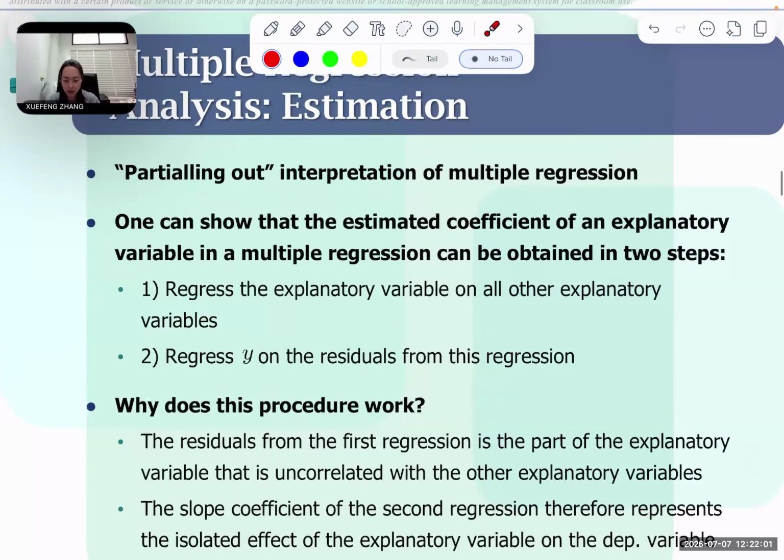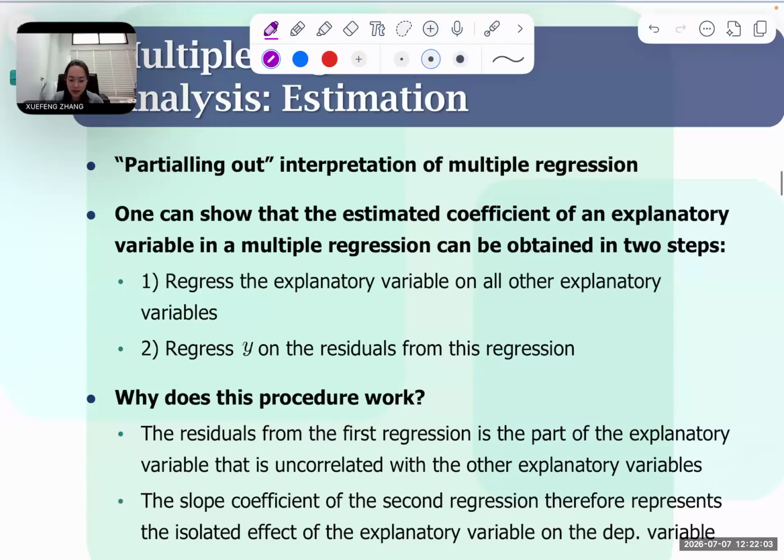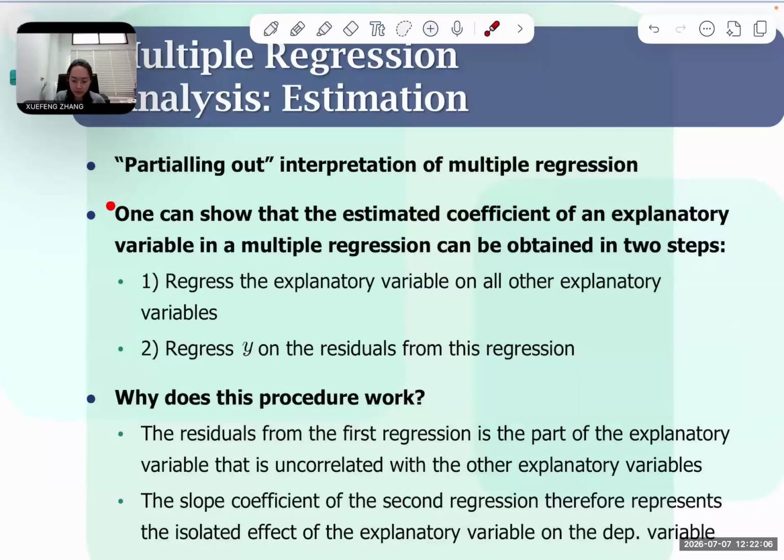Step 1: we regress x1 on all the other x, like x2, x3, all the way through to xk, and take the residual from this regression.